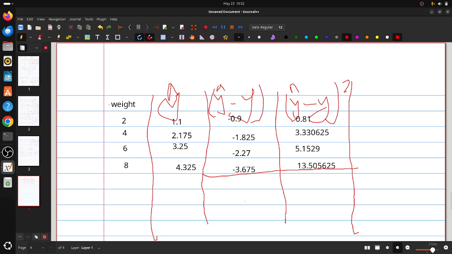So now we find the summation for both of these. Let us start with the positive one: 13.505625 plus 5.1529 plus 3.330625 plus 0.81.